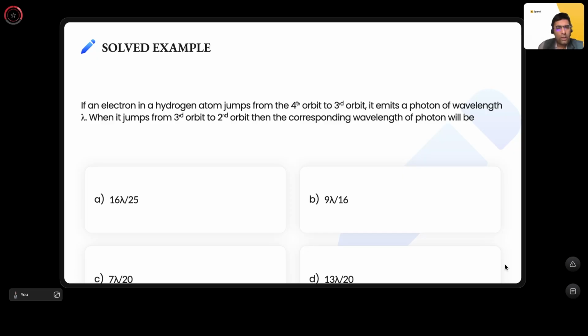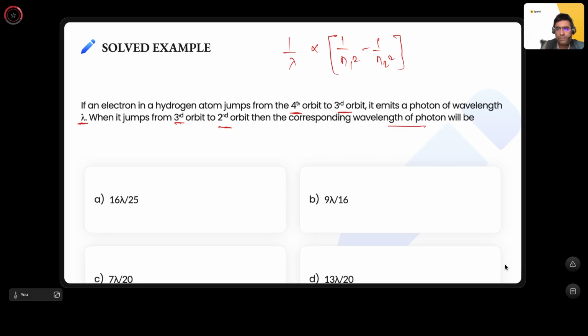If an electron in a hydrogen atom jumps from the fourth orbit to the third orbit, it emits a photon of wavelength lambda. And when it jumps from the third to the second orbit, the corresponding wavelength of the photon is. We know that 1 by lambda is proportional to 1 upon n1 square minus 1 upon n2 square.